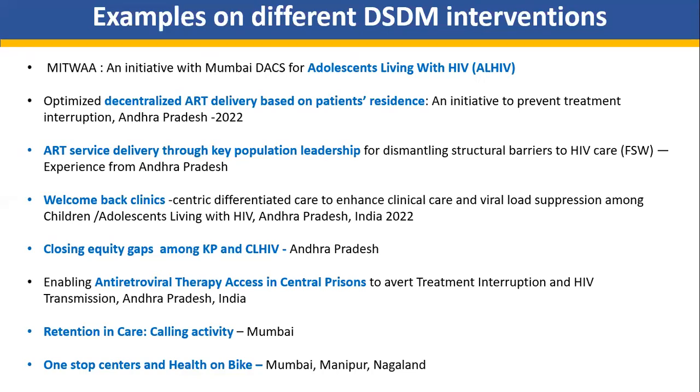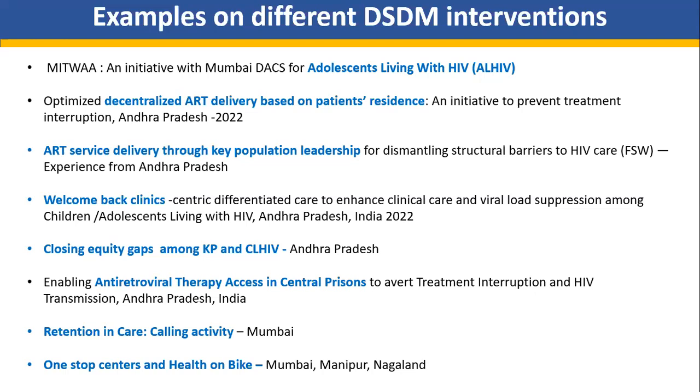There is also a model for female sex workers in Andhra, and there are welcome back clinics also providing differentiated care to enhance clinical care and viral load suppression among children and adolescents. And also there are certain models of closing equity gaps among key population and children who are living with HIV in Andhra. And one is the retention in care calling activity in Mumbai, and one stop center and health on bike is also there in Mumbai, Manipur, and Nagaland.